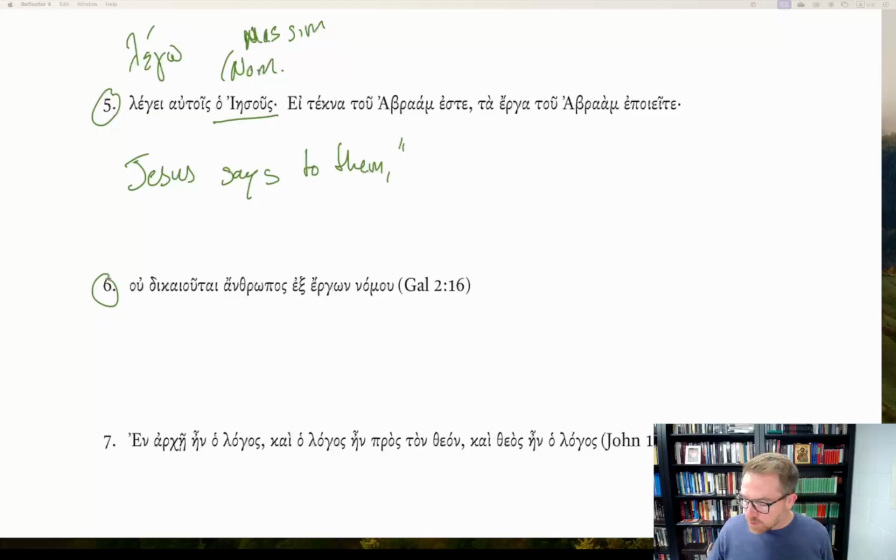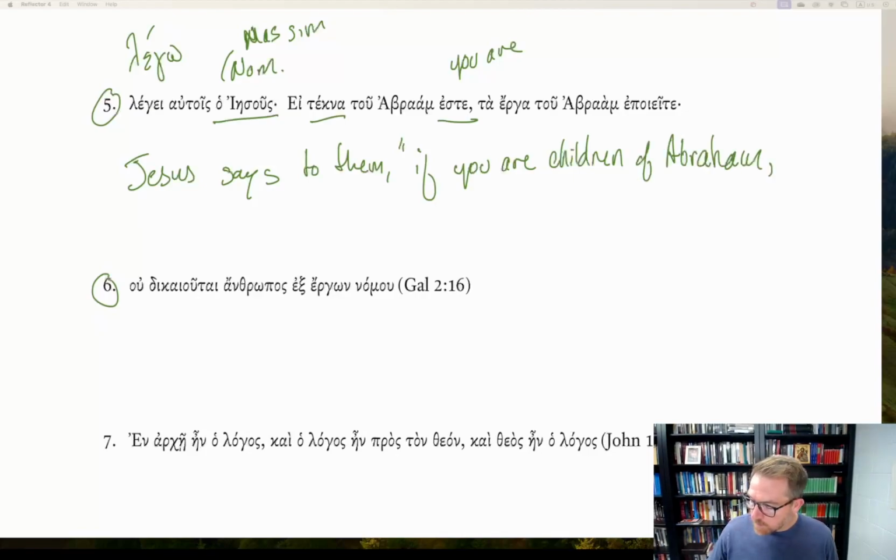ei tekna tou Abraam este. Now, ei is if, and este is a verb here, you are, second person plural from eimi, if you are children of Abraham, of Abraham. Poieite is an imperative verb. It's a command.